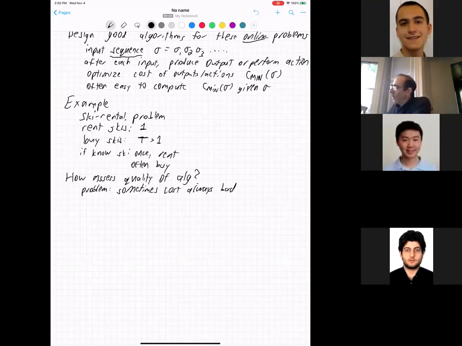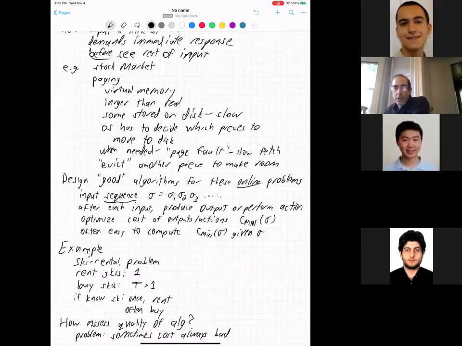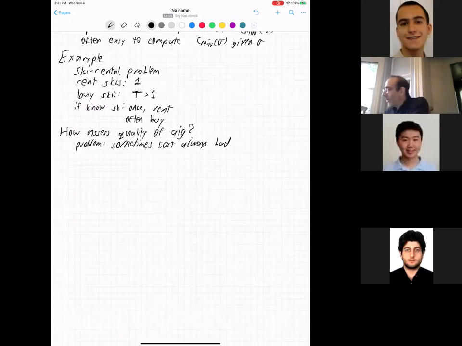If you have a paging problem, if you have a computer that's using a large amount of virtual memory and the computer just keeps on fetching new memory, well, you're just going to keep having page faults. There's nothing that you can do. So it doesn't make sense to just look at the cost of your algorithm in the worst case, because it's always going to be huge.